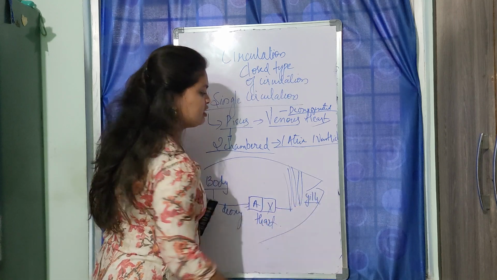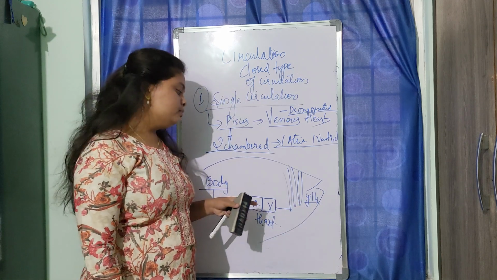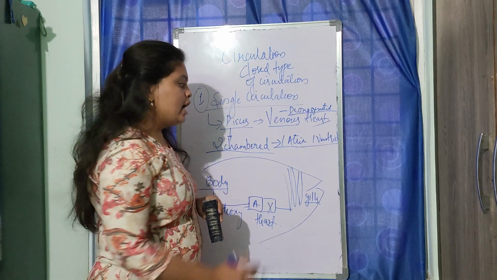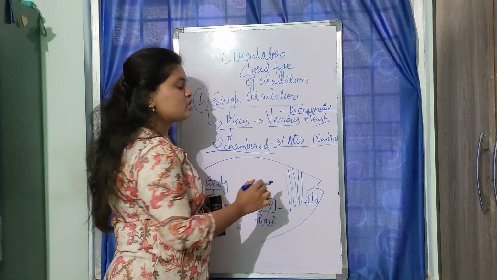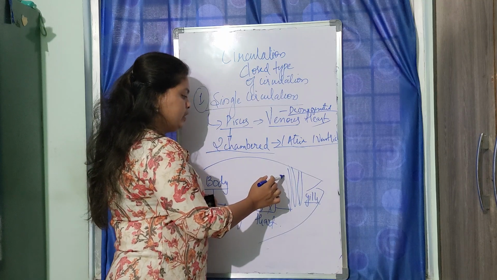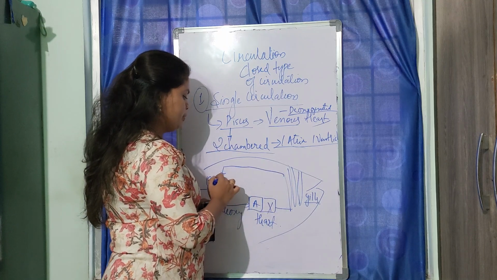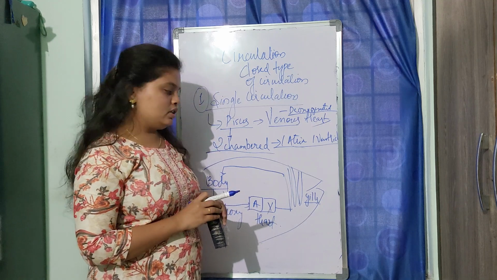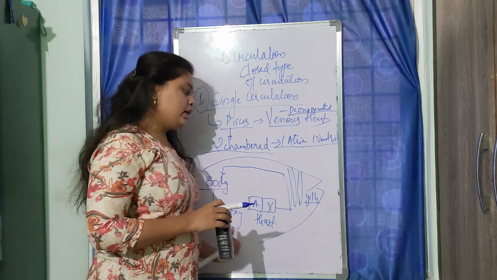As you know, gills are the respiratory organs of the fishes. So that is where the oxygenation of blood happens, and after the gills oxygenate the blood, this oxygenated blood is going to be sent to the body, where the body cells, tissues utilize the oxygen, and the cycle continues.